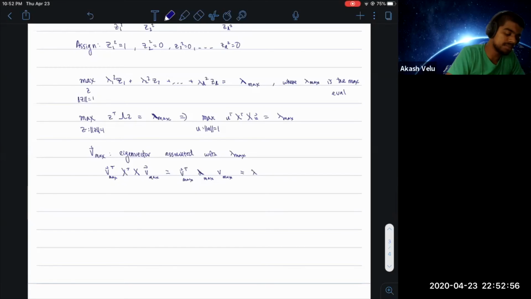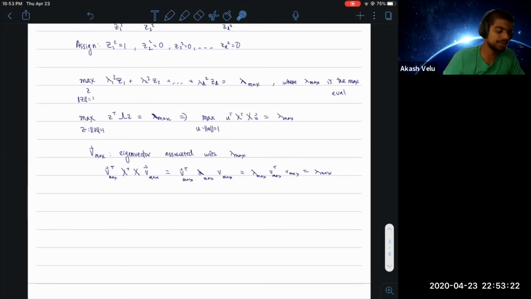It's going to be lambda max v max transpose v max. Now, remember that the eigenvectors are orthonormal, so this has norm 1, which means that v transpose v is equal to 1. So this equals lambda max. So the score for this v max vector is indeed lambda max, which is our maximum score.